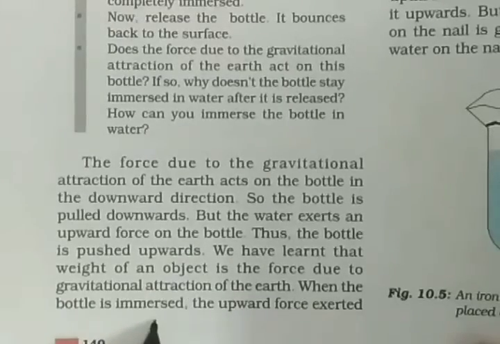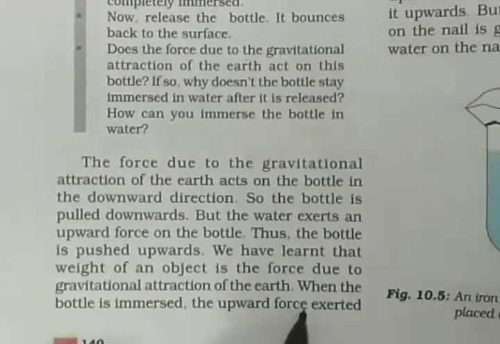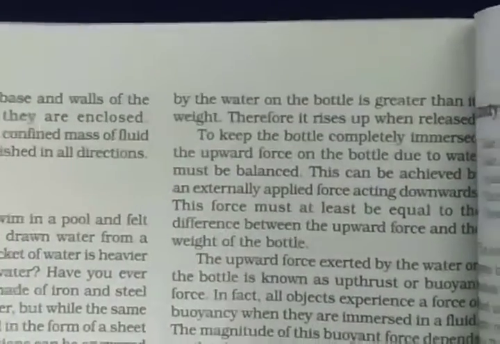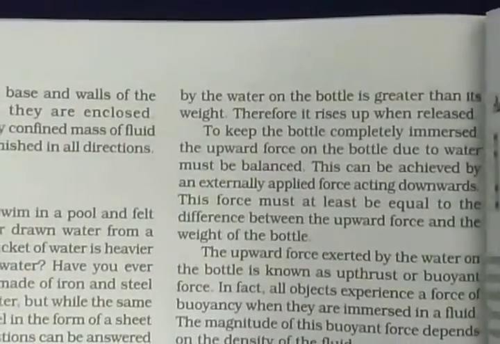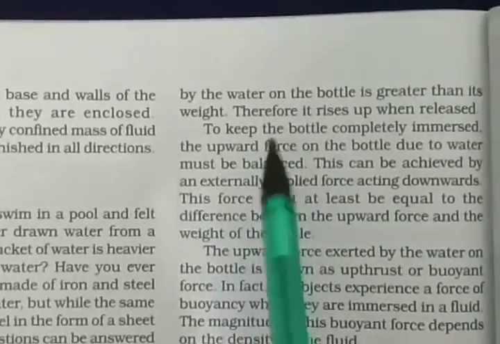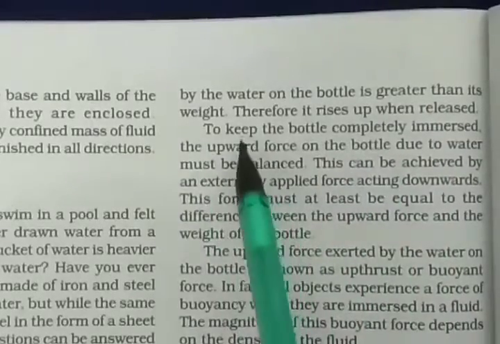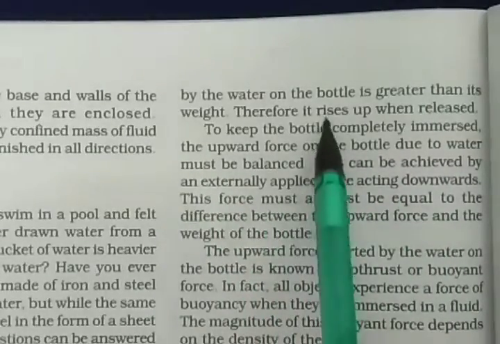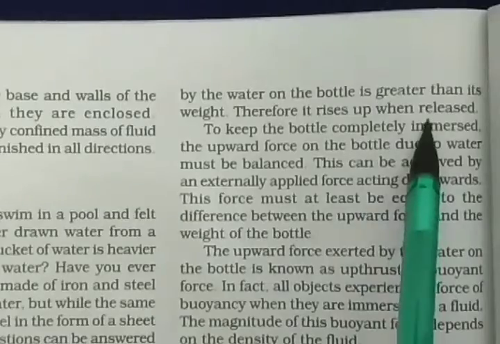When the bottle is immersed, the upward force exerted by the water on the bottle is greater than its weight. जो फोर्स से पानी धक्का मारता है बॉटल को, वो ज्यादा है बॉटल का वेट से. इसके लिए वो ऊपर आता है, राइट?